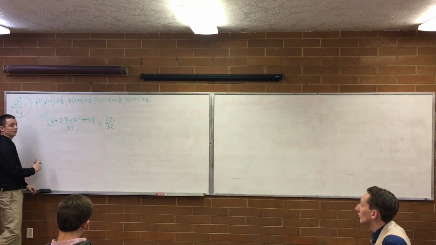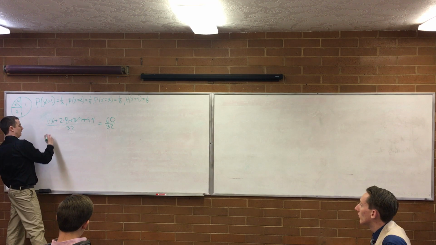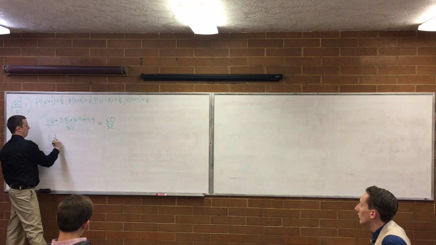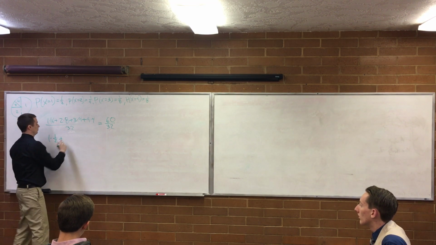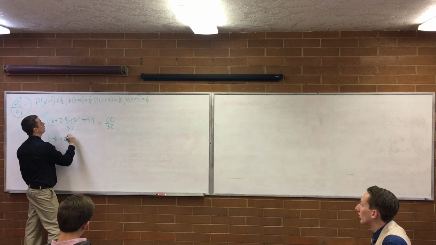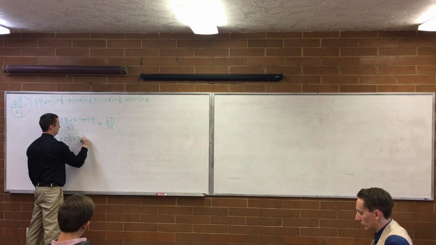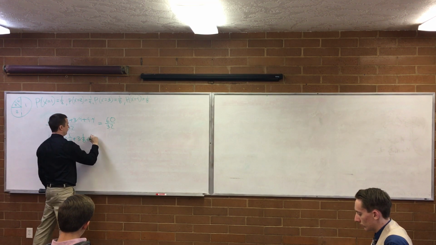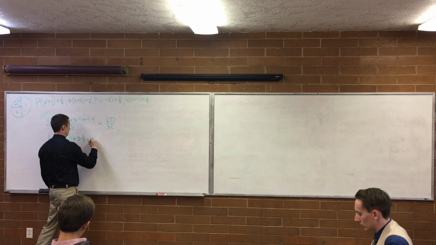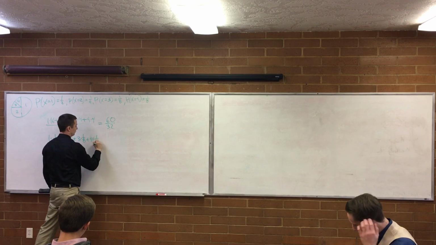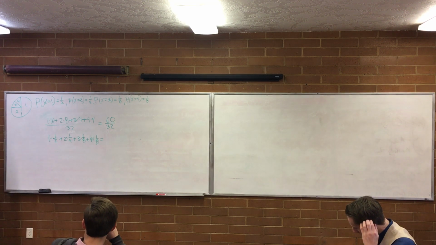No, it would still be the same. It's going to be 1 times, we get 1 1/2 the time, plus we get 2 1/4 the time, plus we get 3 1/8 the time, and we would get 4 1/8 the time. And when you add all those up, you should get the exact same thing.